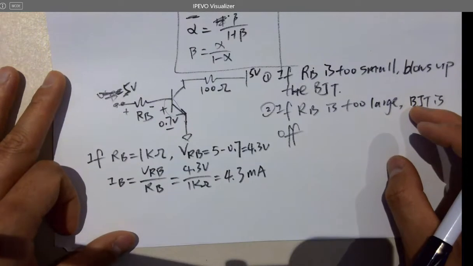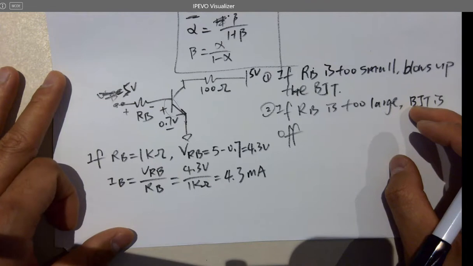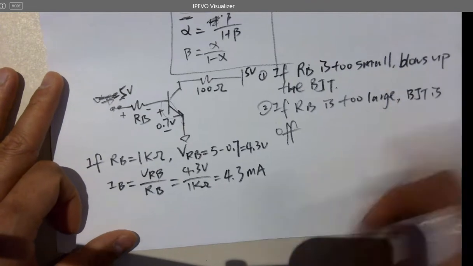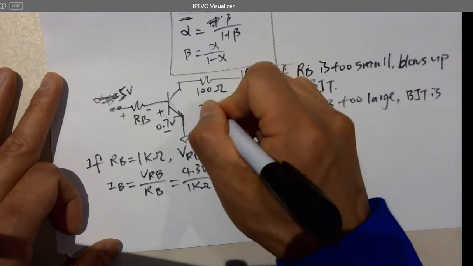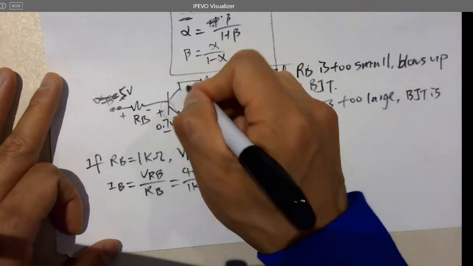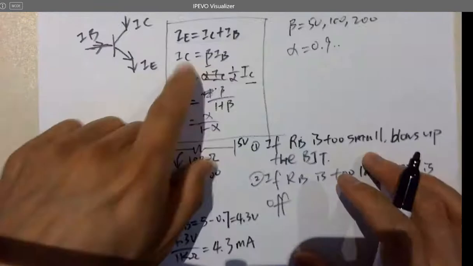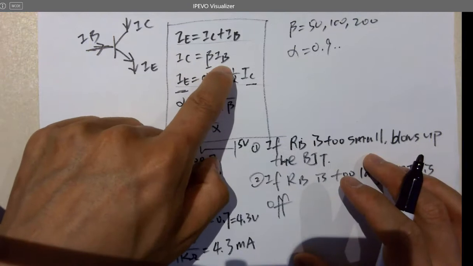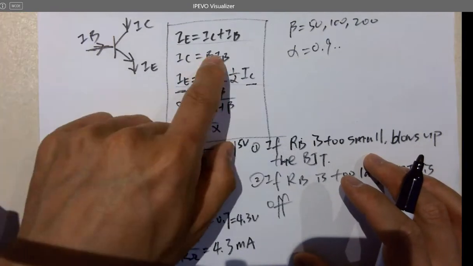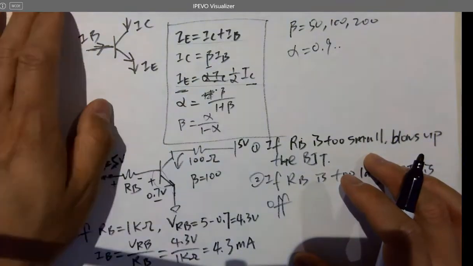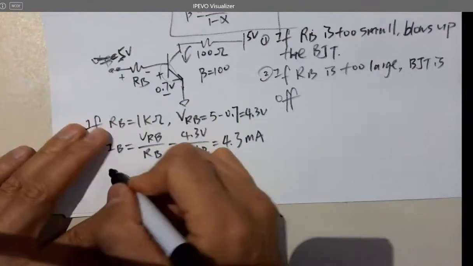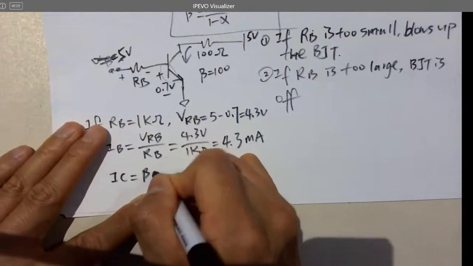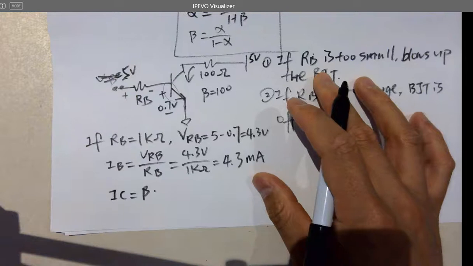So if the beta here is 100, so beta is given, okay? Beta is 100. So we can calculate IC because IC equals beta times IB. IB now is given and is calculated already, so we can find IC. That's the current gain.